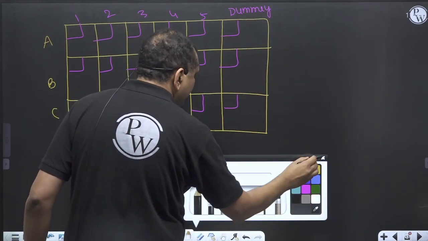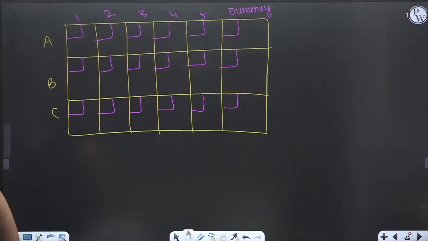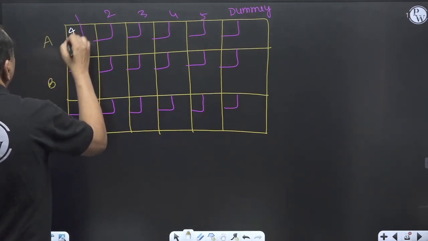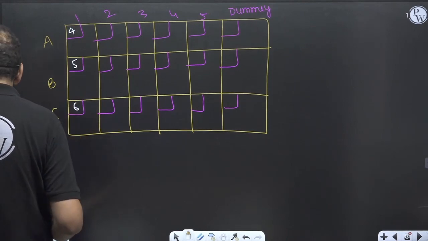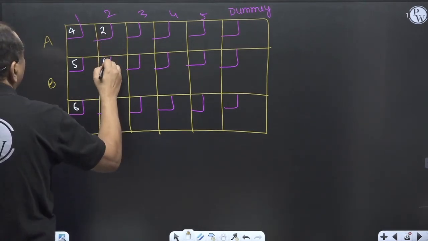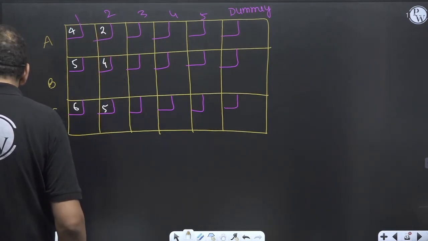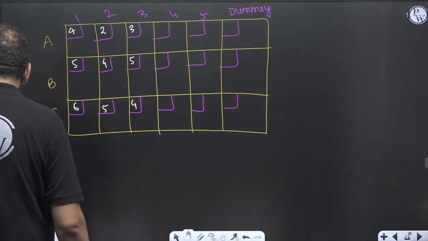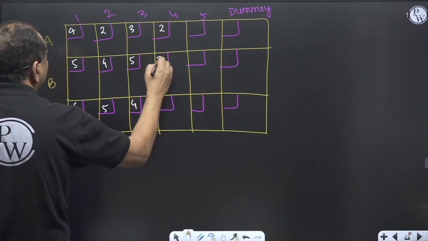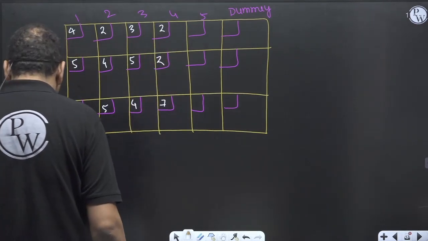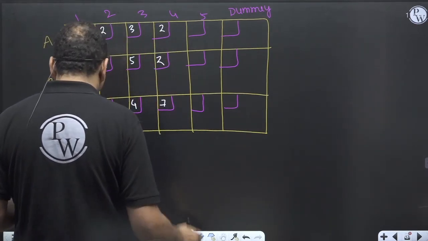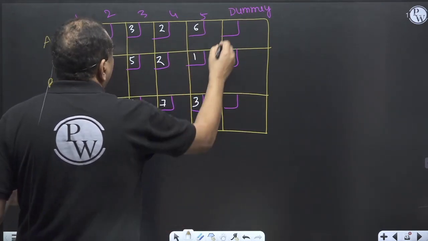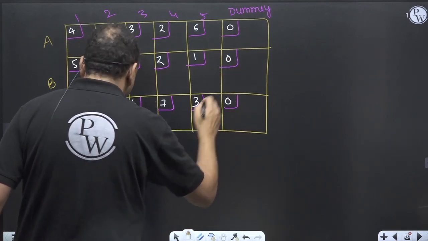It's a dummy. 4, 5, 6. 2, 4, 5. 3, 5, 4. 2, 2, 7. 6, 1, 3. And dummy, of course, 0, 0, 0.